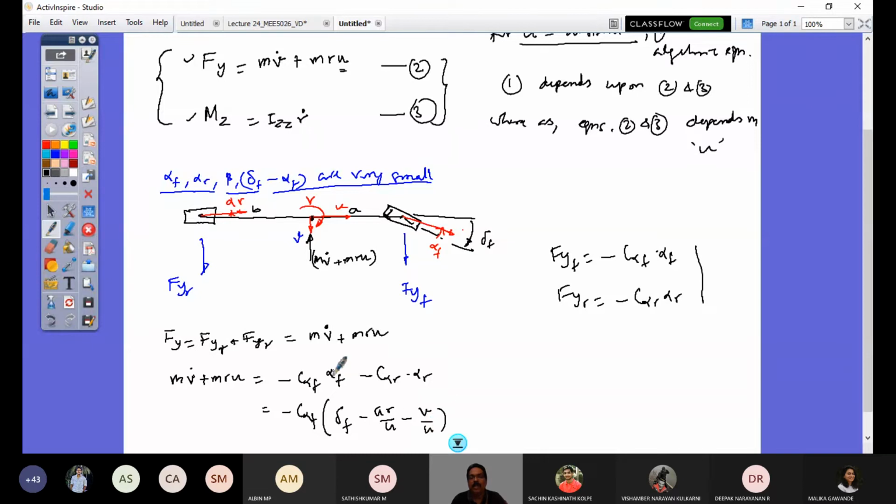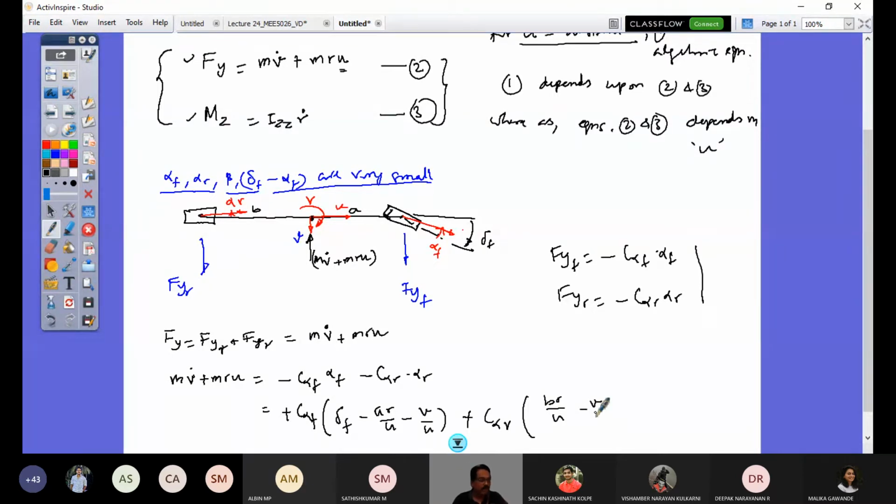You could see that in our two lectures before we have derived these expressions. Minus C alpha r into this. So here this is all minus of this. This is what is minus alpha. So minus into minus becomes plus here, and here for alpha r, when I substitute, again that minus sign I take out and this becomes plus, and B r by U minus V by U, right?